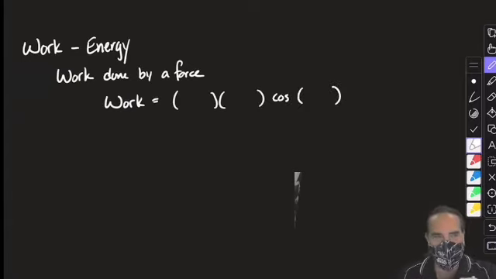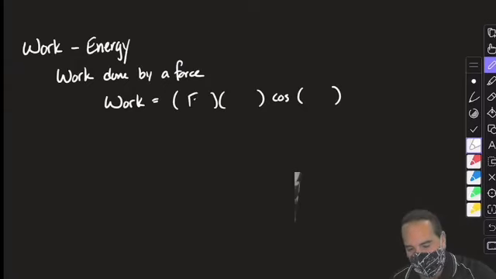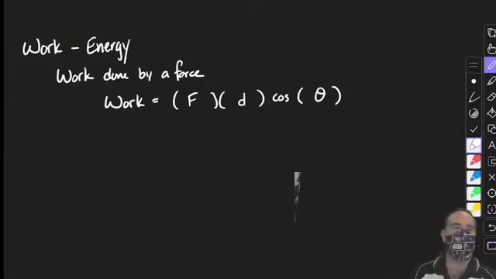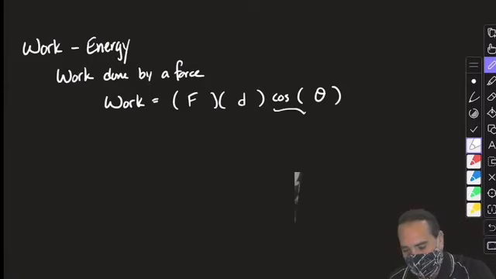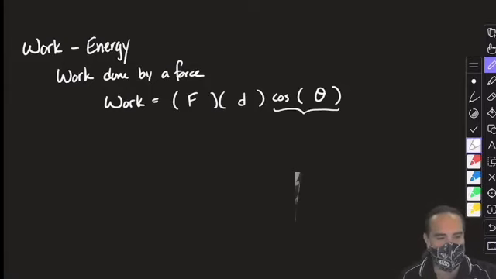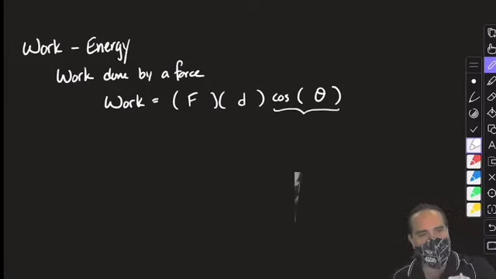There's the applied force portion. There's how far the object is moved in response to that force. And then there's how much of that force is actually in the direction of motion of the object. Generally, it's this part that tells us whether the force is contributing to the work done or taking away.